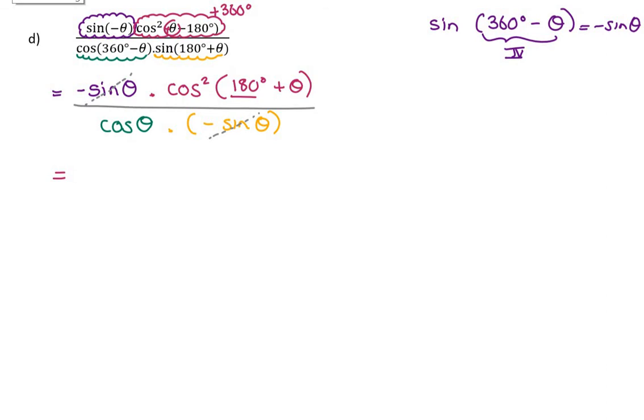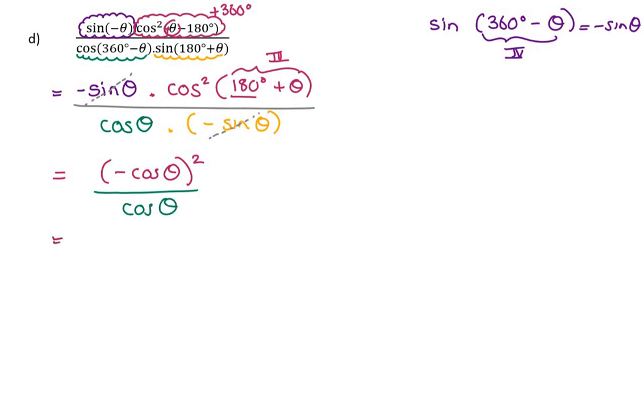So if I now deal again with this cos squared of 180 plus theta, this is in quadrant 3, and cos is negative. So this will be negative cos theta, but I am going to land up squaring it. And this is still divided by cos theta.